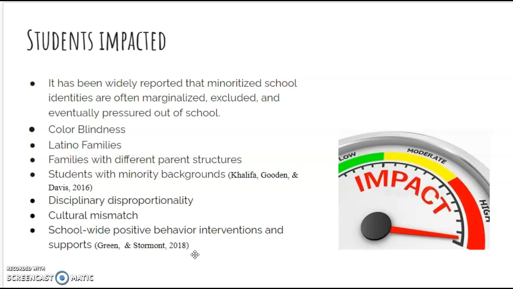You have disciplinary disproportion, which is looking at the differences between cultures and discipline. You have cultural mismatch, where one culture finds something appropriate versus another culture's appropriateness, and that varying causes a mismatch and many conflicts, as well as school-wide positive behavior interventions and supports.